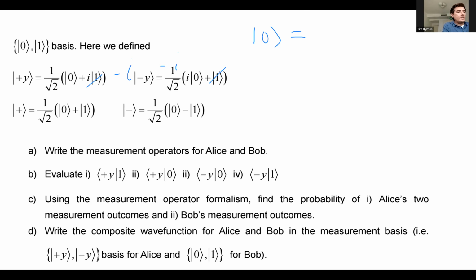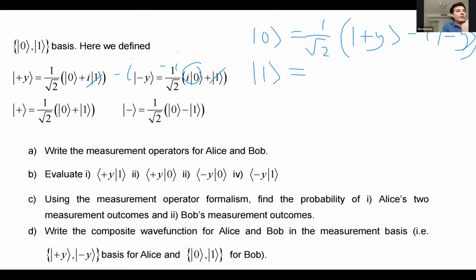If you multiply this first term by minus i, then this will be plus. So basically 0 should be equal to 1 over root 2 of plus y minus y. So that's the inverted relation for 0.